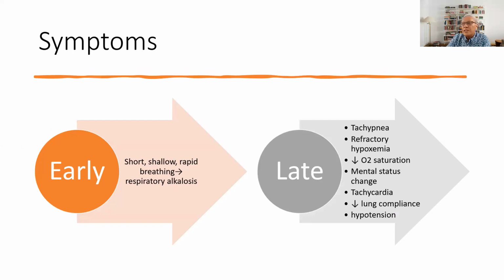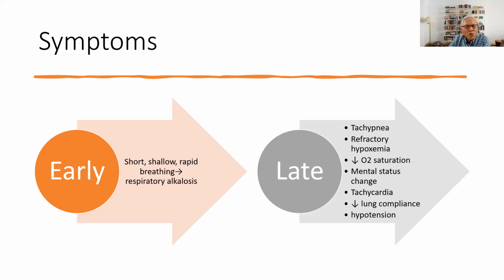Let's now go to the symptoms and the clinical presentation of a patient with ARDS. The first symptoms of ARDS usually develop within a few hours of, or even up to a week after, lung injury. In the early stages, the signs and symptoms are going to be hard to detect. At first, the fluid is leaking in the interstitial spaces of the lungs.